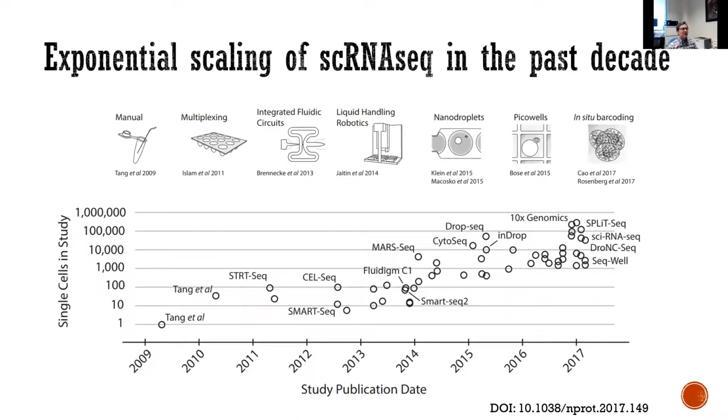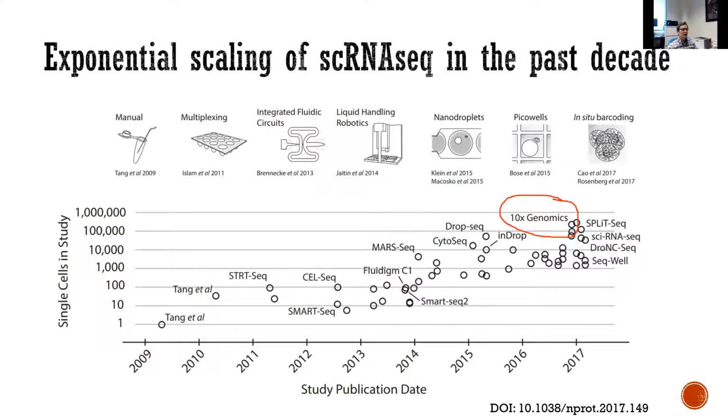As I mentioned last time, we have an exponential growth in our capacity to sequence the number of individual cells. This exponential increase ended up in the 10x Genomics commercialization of the droplet sequencing technology in 2013.